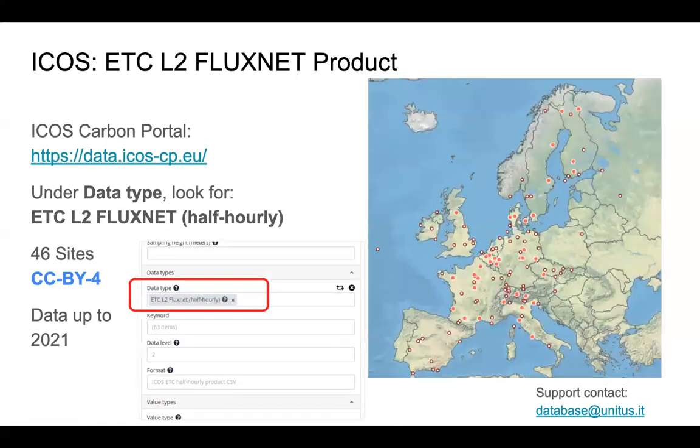A second round of processing was made available more recently with data up to 2021, and this includes 46 sites. And to find those, still under data type, you just use ETC L2 FLUXNet as your search term, and you should see all of these sites listed and ready to download.